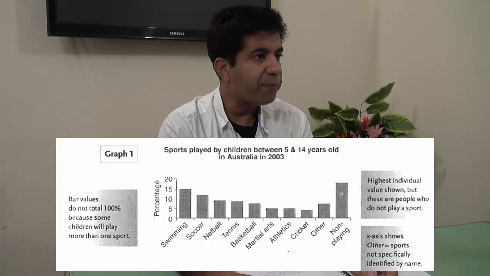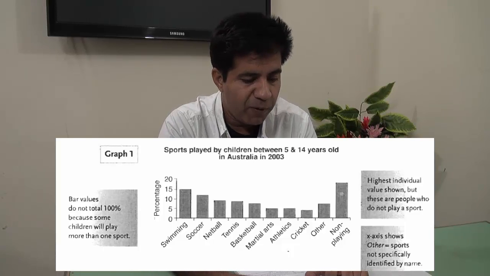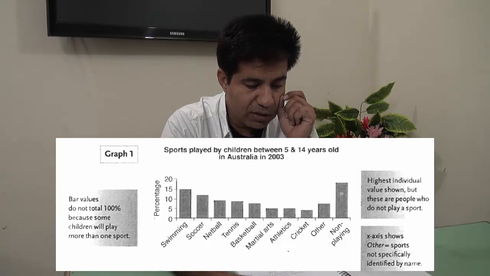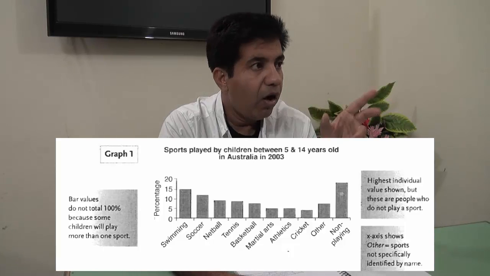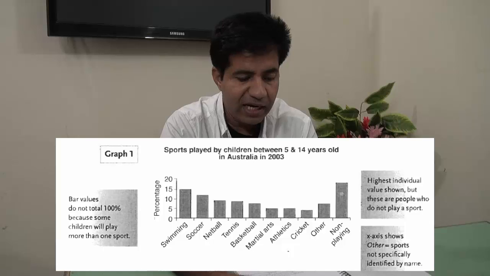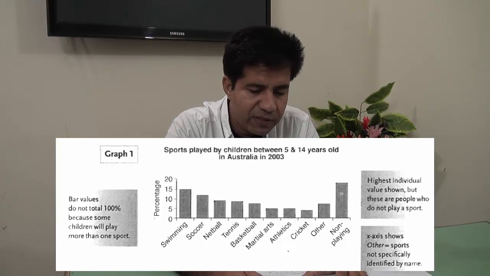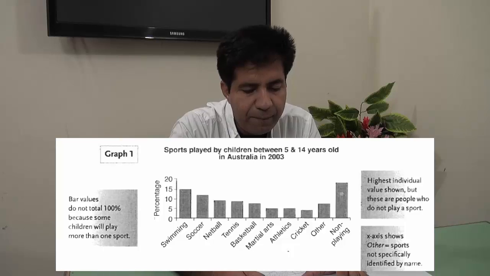So what's the most popular sport according to this bar chart? Swimming. Very good. The most popular is swimming. Second most popular? Soccer. And then you can compare netball and tennis. Almost, I mean, they can be compared. And the x-axis shows others, which equals sports not specifically identified by name.